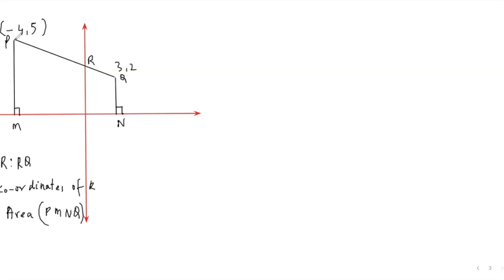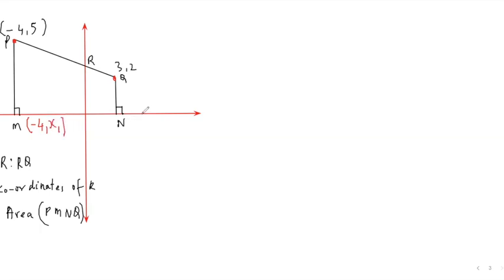We have the coordinates of P and Q. And the fact that you have PM and QN as perpendiculars would mean that their x coordinates would remain the same, right? So this will be -4 comma something. Let's say this is x1.